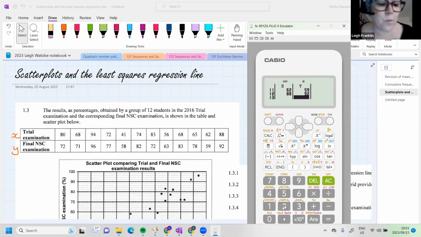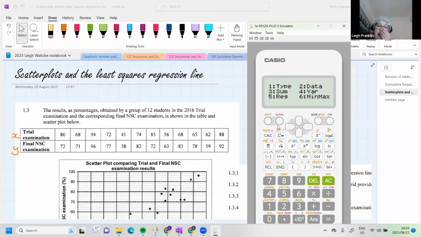Once we get to this point, we're now ready to activate the statistics function of the calculator. Everybody ready? Okay, so once you've entered all the information, you're now going to press AC, Shift, 1, and we're going to choose option number 5 for regression, REG.